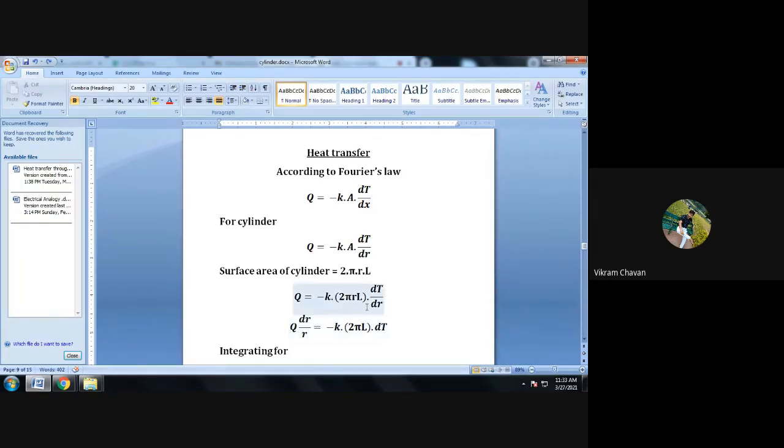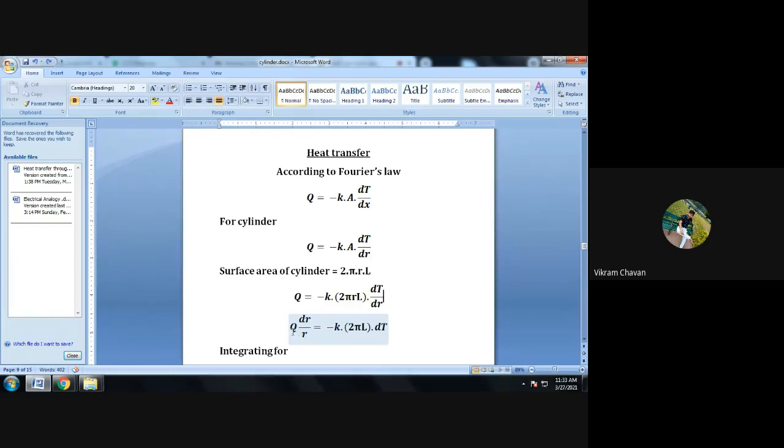So we have taken r and dr on one side, and we have kept dt on the other side. r and dr we have shifted to the left hand side. Once dr is shifted, it will be multiplied with Q, and r will be divided.